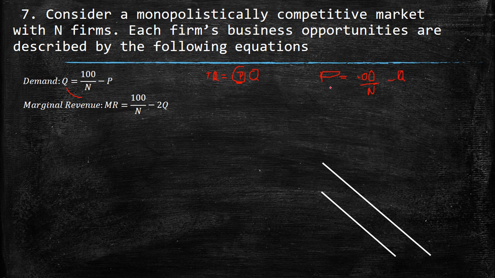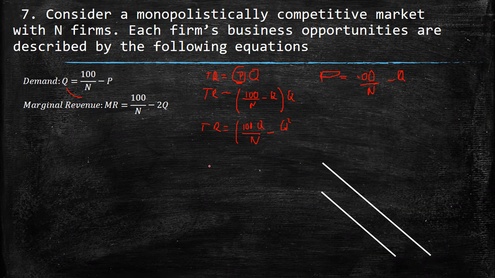So we already have P, the inverse demand in terms of Q. You can replace, and the total revenue is equal to 100 over n minus Q, times Q. You can multiply them, and you will have the total revenue equal to 100 over n times Q minus Q squared.